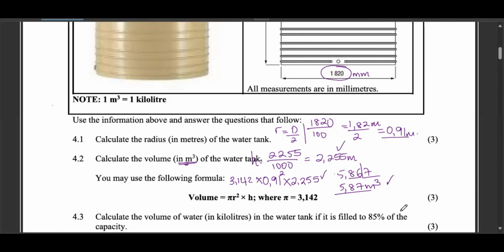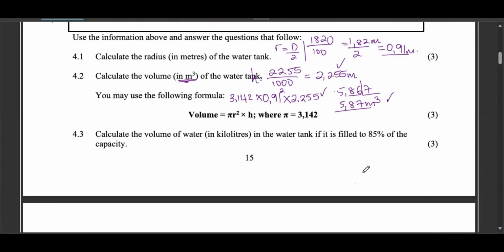Okay, let's continue. Calculate the volume of water in kiloliters in the water tank if it is filled to 85% of the capacity. What are we going to do? We shall look for the 85% of that capacity. 85 over 100 times 5,87. So this is what we are only looking for.